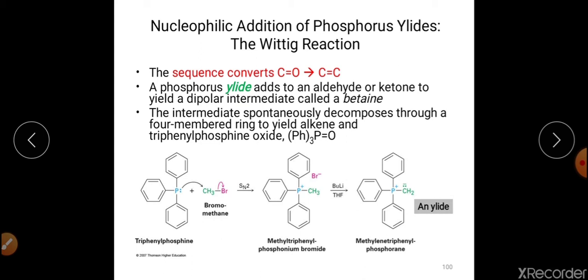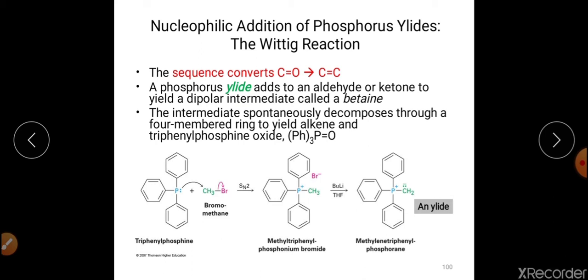So first of all, we should be clear about the ylides, that what are these ylides. Ylide is basically a term that is used for the species that contain carbon and heteroatoms. Means there is a connectivity between the carbon and heteroatoms like nitrogen, like sulfur, like phosphorus.